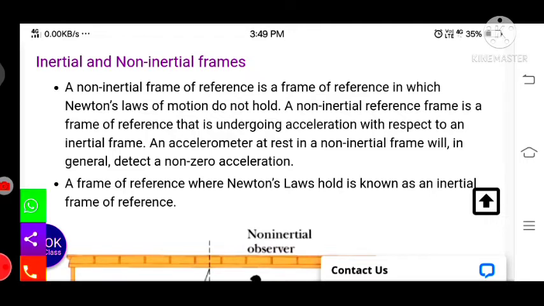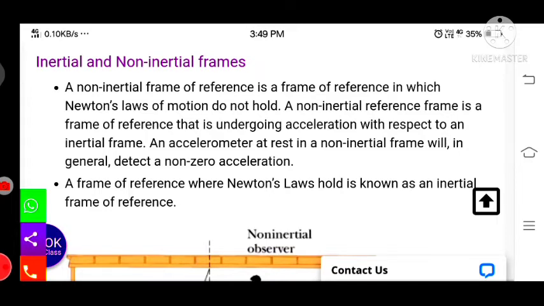A non-inertial reference frame is a frame of reference that is undergoing acceleration with respect to an inertial frame.